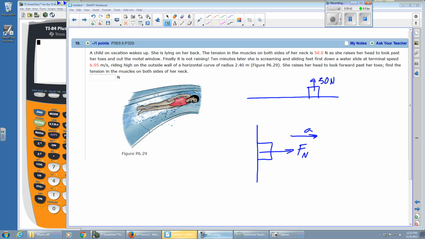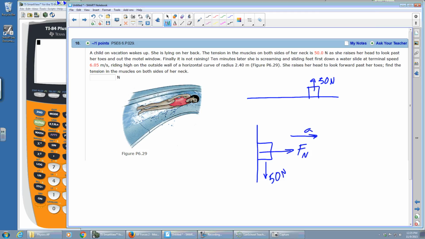But the weight of her head, whether we take it to be 50 or 100 newtons, is now in this direction, down, rather than in the direction she needs to move her head. It is a weird concept.